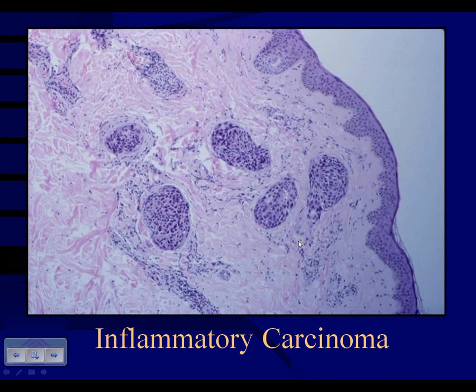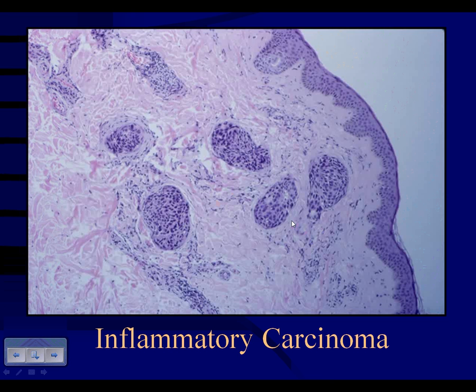Now here is the histology. You just do a biopsy of one of those anywhere on the breast actually, and you've got the normal epidermis here, and then beneath that are the dermal lymphatics right here that are filled with tumor cells. Now this tumor is coming from another site in the breast, but the whole skin will be like this. So now you know why these patients don't do very well.